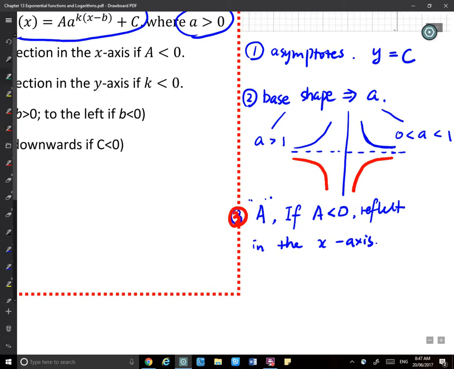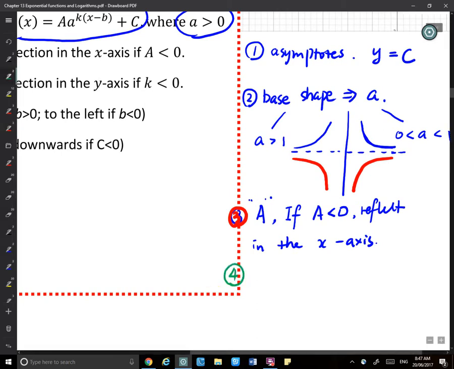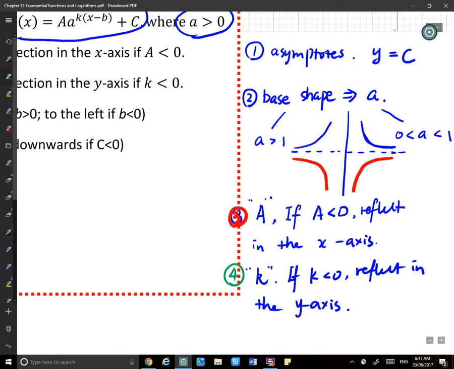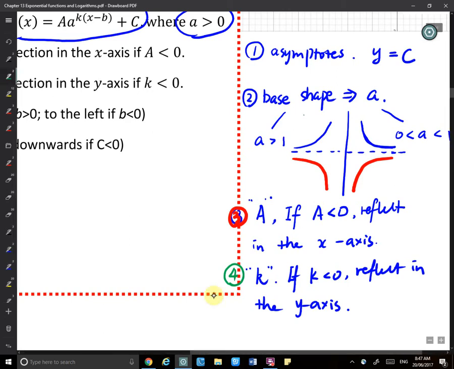For step 4, I'll use the green one. Look at the k value. If k is less than 0, reflect in the y-axis. If that is reflected in the y-axis, it will be like that.